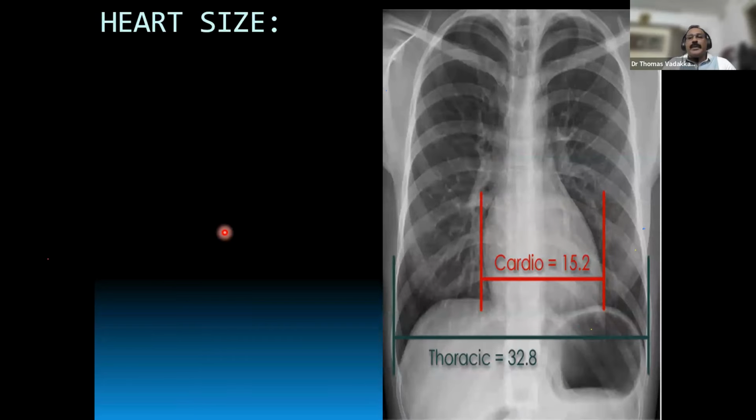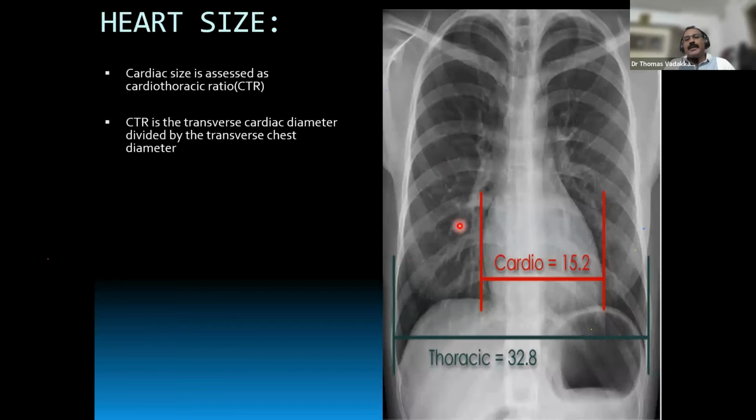Now, the cardiothoracic ratio is an important parameter to assess cardiomegaly. How to assess it? You make a midline, then you assess the maximum deviation towards the right side in the cardiac area, and also towards the left side maximum, and you add both these from the midline. That will be the cardiac diameter, and you assess the maximum thoracic diameter over here.